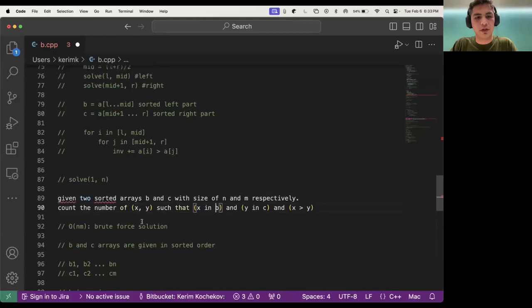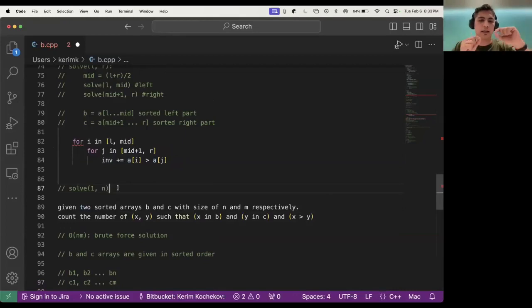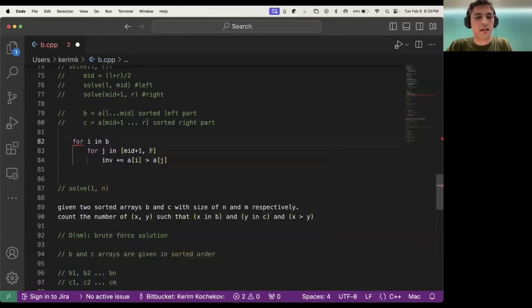We just want to mimic this algorithm, counting inversions where i is in the left part and j is in the right part. Because if both of them are in the left part, we already counted in the recursive call. If both of them are in the right part, we already counted. So we want the special format, where the left part is now B and the right part is C. So we just want to count the reduced problem in this manner.